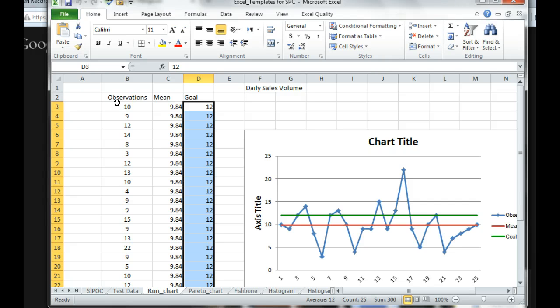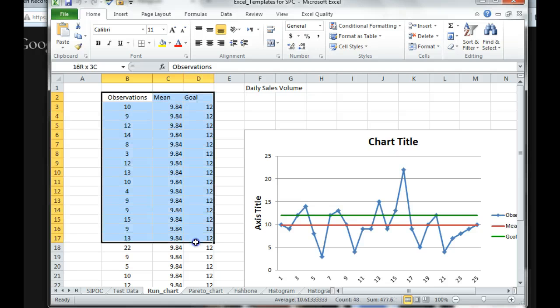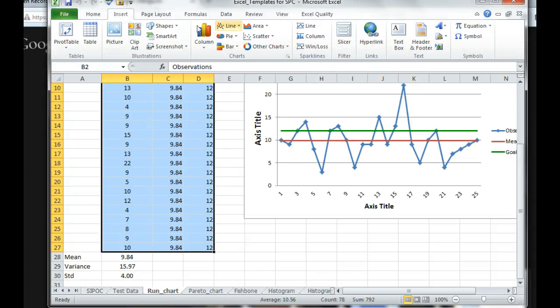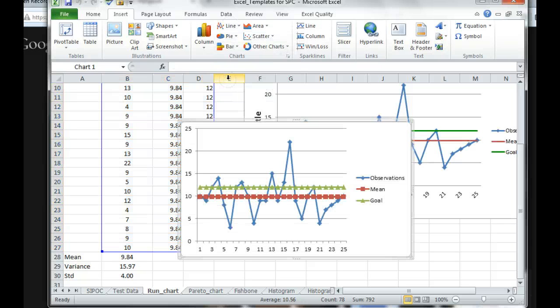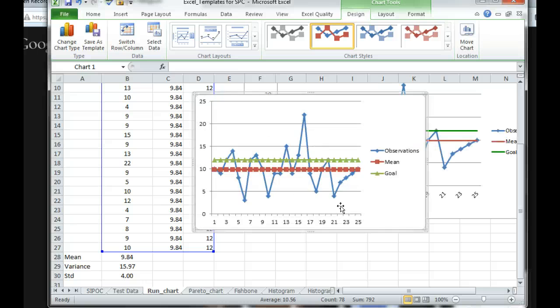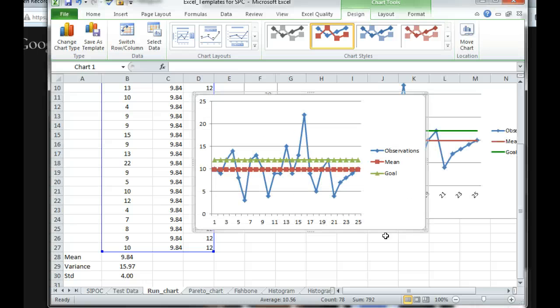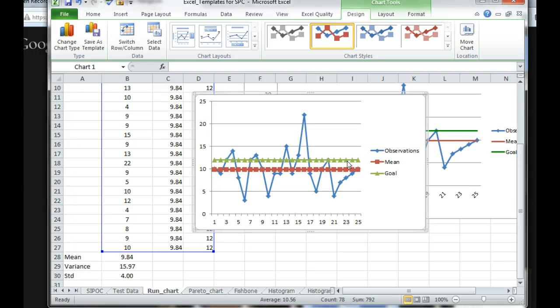Now, if I have those, then I can essentially take the 3 columns and go to insert and say I'm going to have this line chart. Okay, and so you get the plot. Now, if you're making a presentation, some of this needs to be cleaned up a little bit.